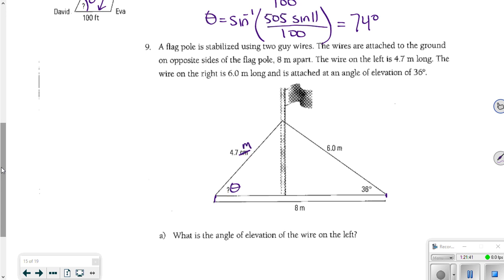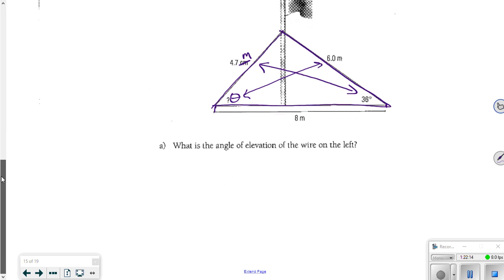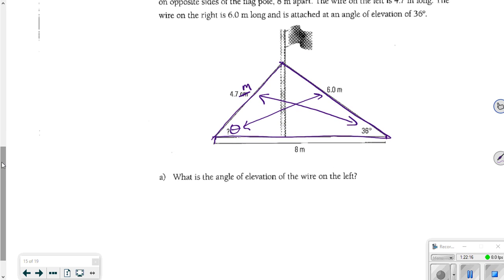If we look at this as one big triangle, we have an angle side pair where we know both pieces. And if I know the side directly across from this angle, I can solve for the angle using my sine law, and I do. So I'm going to use my sine law to solve for an angle to do part A. Okay, I'm solving for an angle.